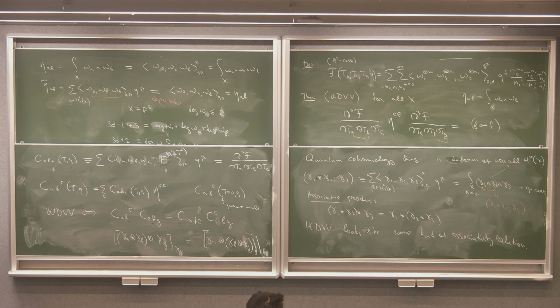I think this equation is proved by the string equation. No, the string equation deals with descendants, and here we don't have any descendants. By the puncture relation, for quantum beta greater than 0, it will be 0.